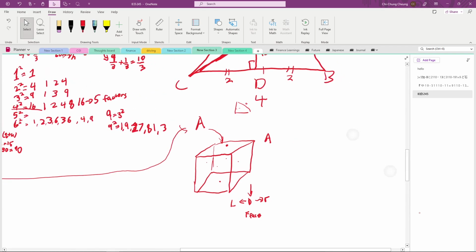So first you have to go down. This is down, that's left, that's right. Okay, so first you have to go down, and next you have a few choices.